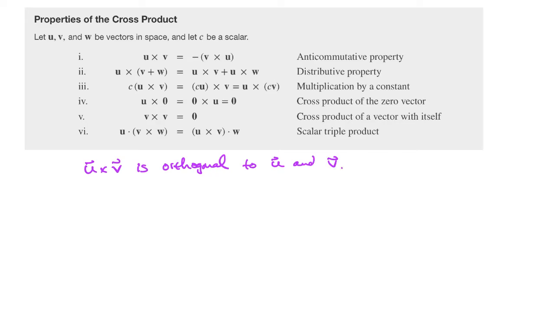So those are all of our properties listed, and what we can do with those properties is give us a purely algebraic way of computing the cross product in terms of our basis vectors i, j, and k.